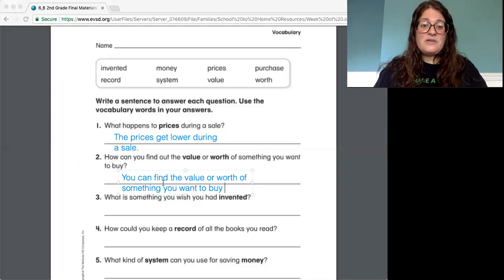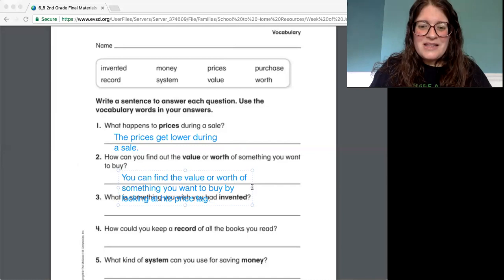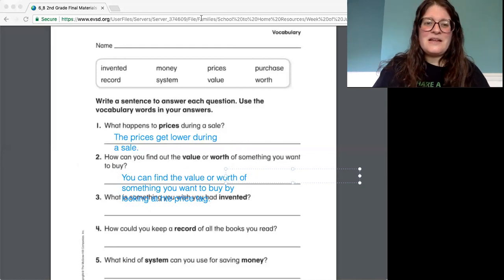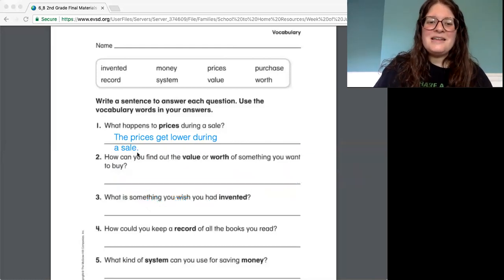You can find the value or worth of something you want to buy by looking at the price tag. And I would really like to make this fit on my line, but it's not going to let me. So I apologize for that. I'll undo that so you can see what I'm doing next.